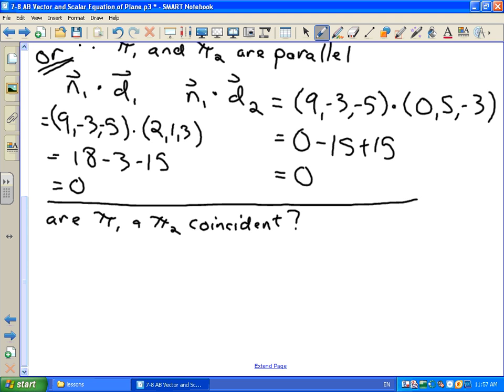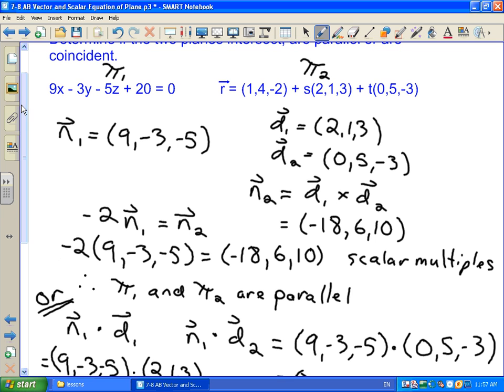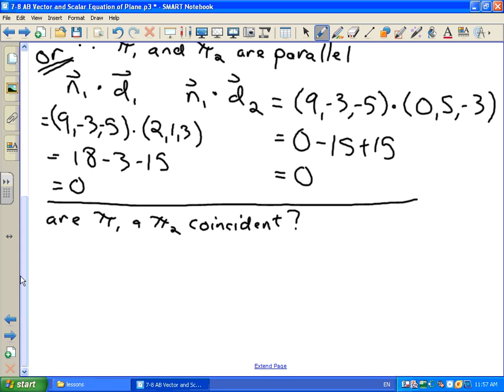This is where having the vector equation comes in handy, because it gives us a point that is on one of the planes. It tells us, just by looking at it, that the point 1, 4, negative 2 is on plane 2.